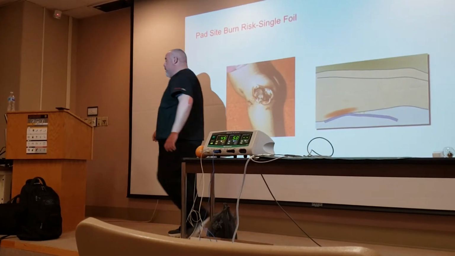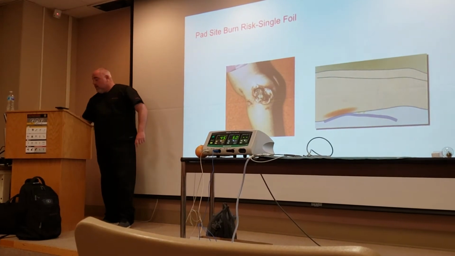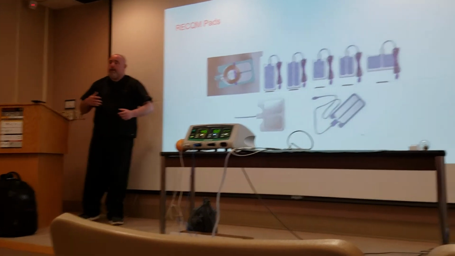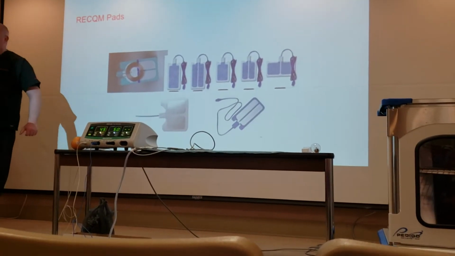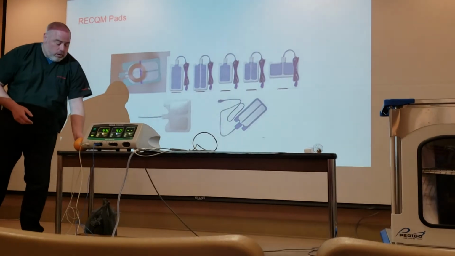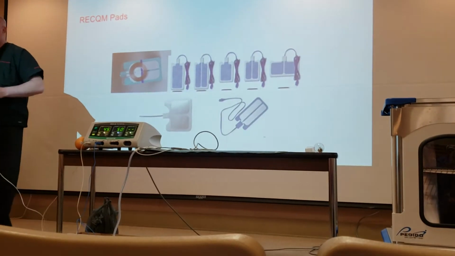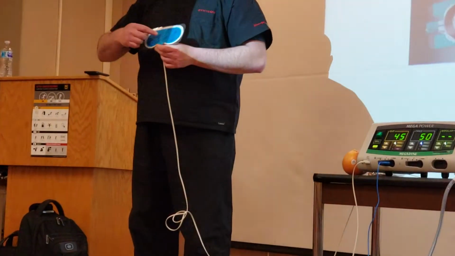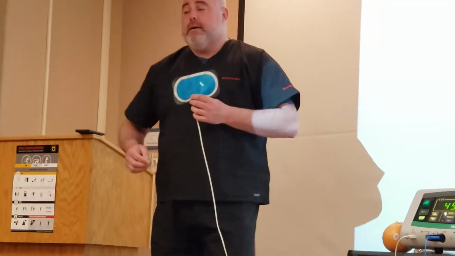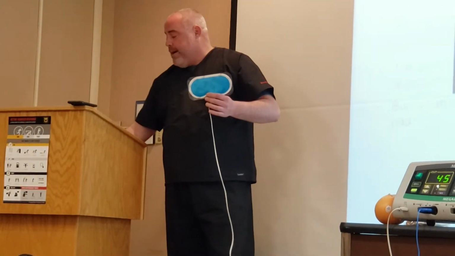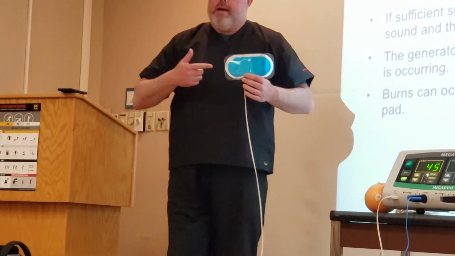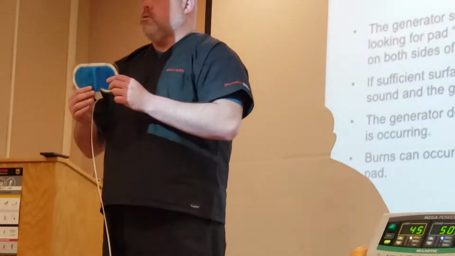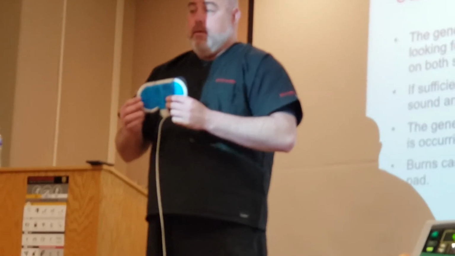Okay? So what we have now are pads that are called return electrode contact quality monitoring. These are what we also call dual foil pads or split foil pads. If you look closely at this, there's two of them that are separate. What's happening with this is when it's in contact with the patient, the generator or ESU interrogates this pad and determines its level of resistance, okay?